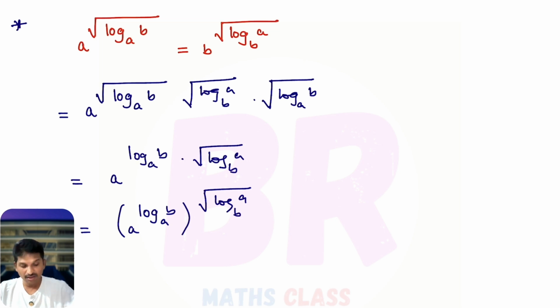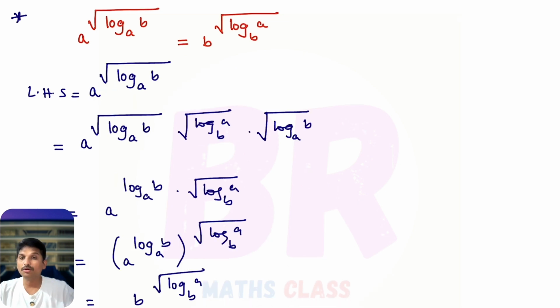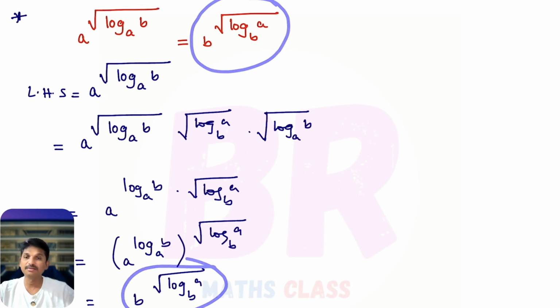right? You know this property. What is this? A power log m base a is m, right? So what is this value? This value is b. b power root over log a base b. You observe here. I started with the LHS and I ended with the RHS.